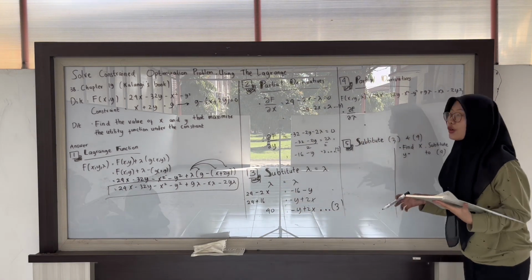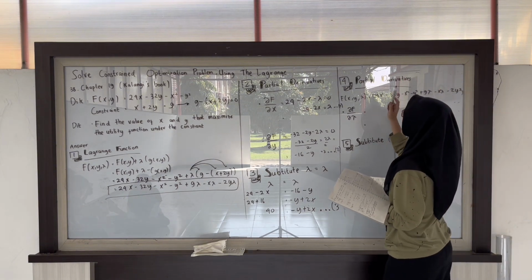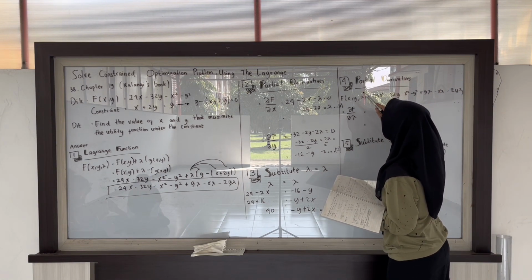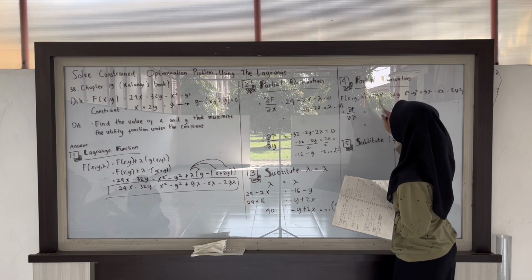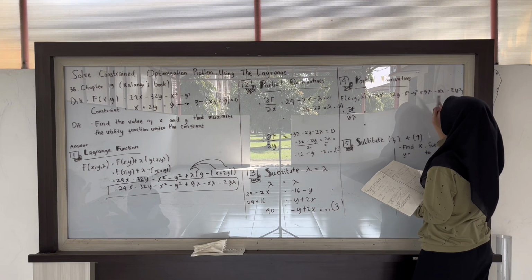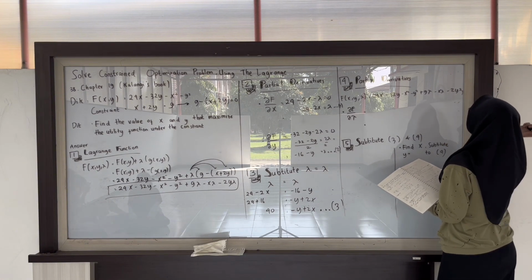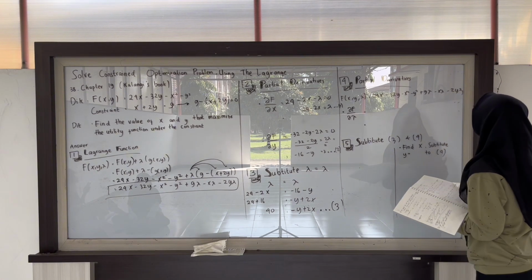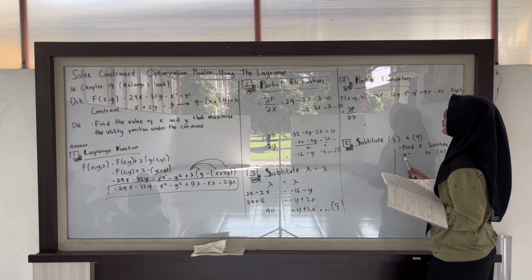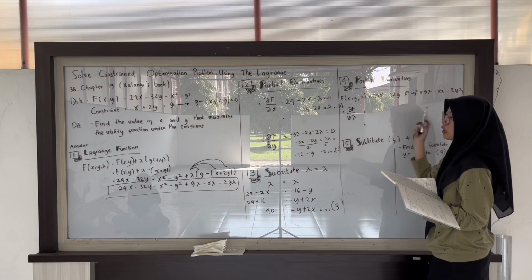Okay, now we find the partial derivative of F of x y lambda, which equals 24x minus 32y minus x squared minus y squared plus 9 lambda minus x lambda minus 2y lambda, with respect to lambda.